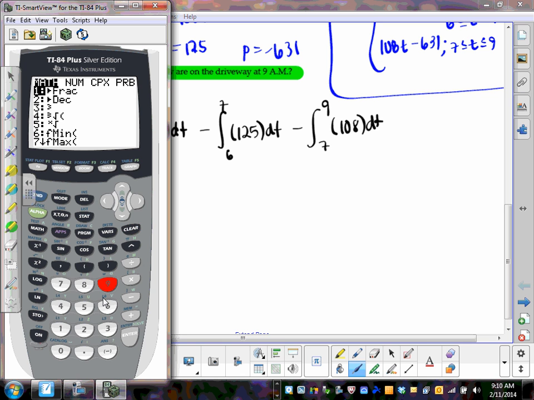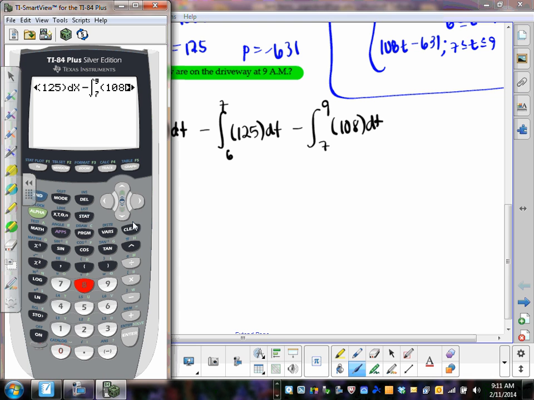So I'm going to antiderive from 0 to 9 the function that we stored into y1, which is f, minus the integral from 6 to 7, 125, minus the integral from 7 to 9, 108.